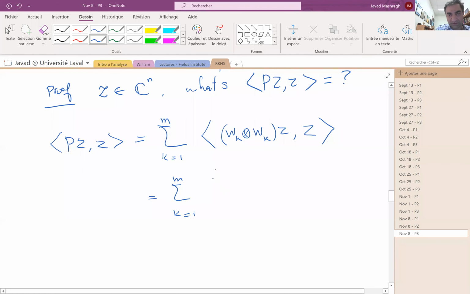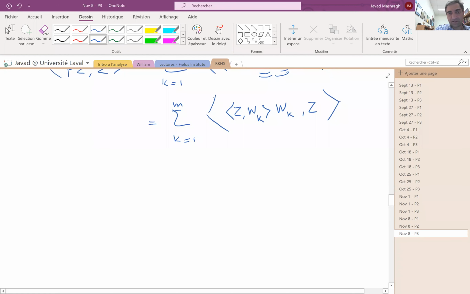By definition, the first component is z inner product with wk, times wk, then again inner with z. I can take the first one out.